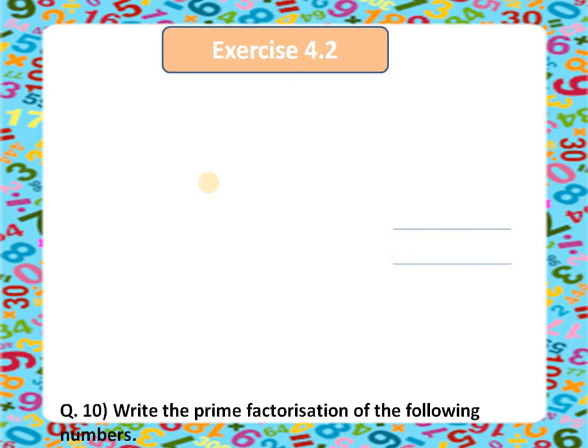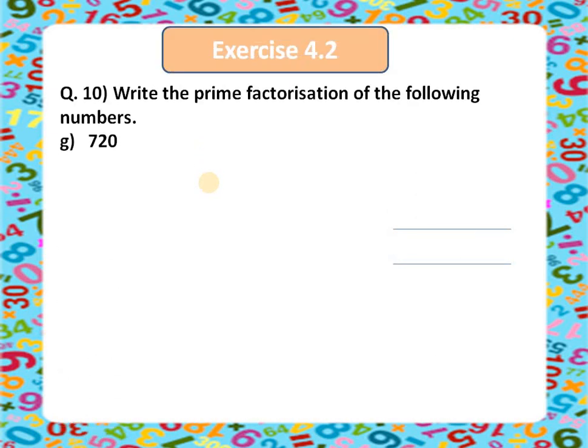Next number over here is G part. We are going to do 720, which is there on your page number 45 of your book. 720 can be clearly divisible by 2. Starting from the least, we have got 360 after dividing it by 2. Now again it will be divisible by 2. So we have got 180.